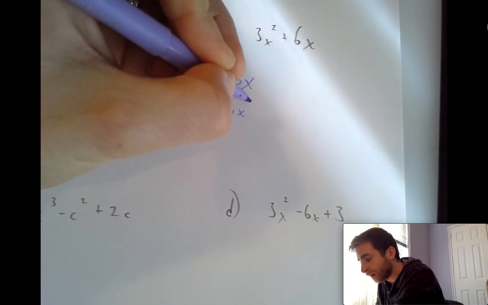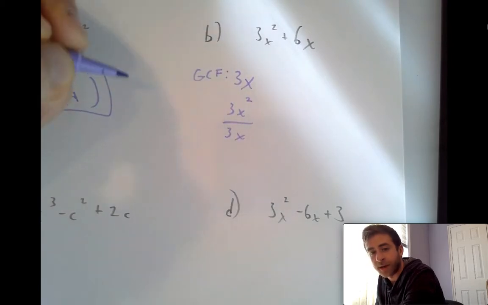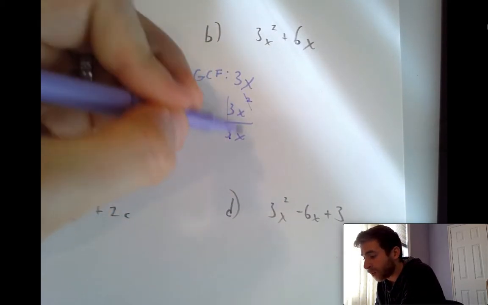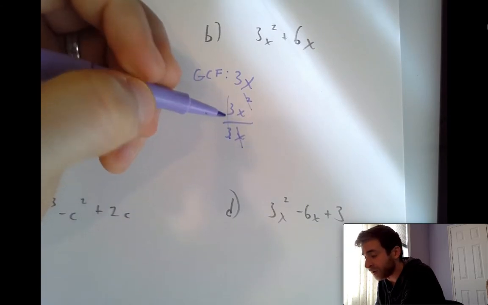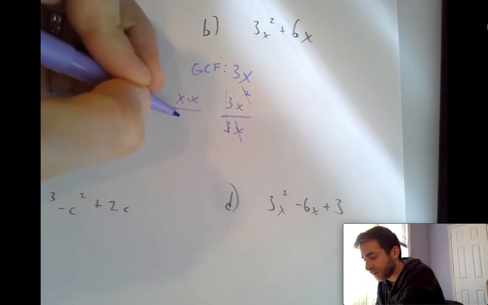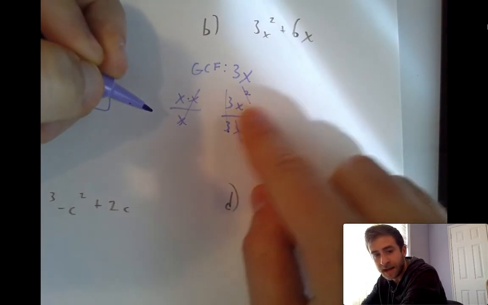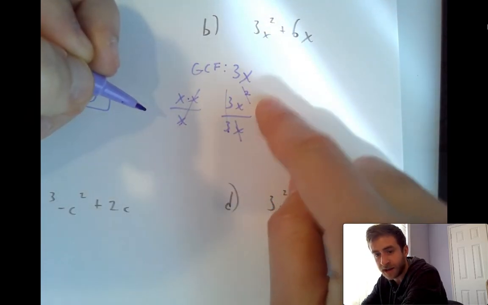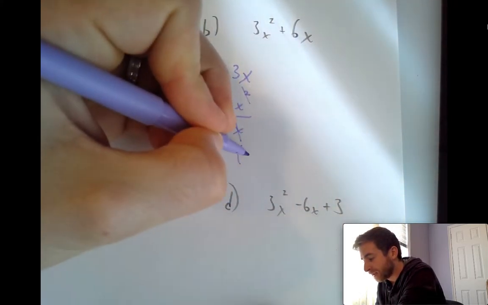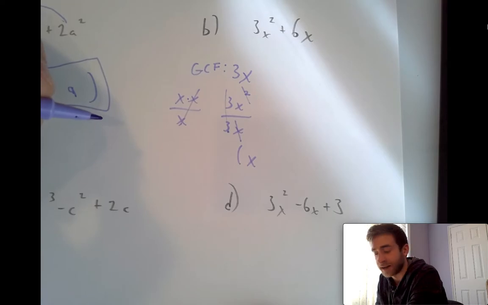3x squared divided by 3x. The 3's cancel. The squared cancels with the x over there, so I'm just left with, right, because x squared take away x. Again, that is x times x divided by x. That's the cancellation I'm doing when I cancel that square and the x. I'm left with just x in the first part of my answer.